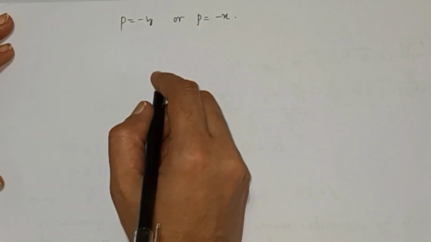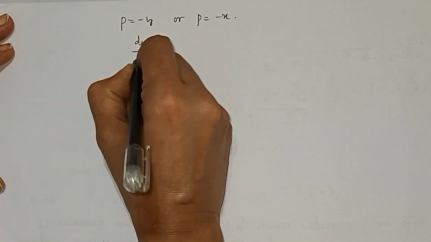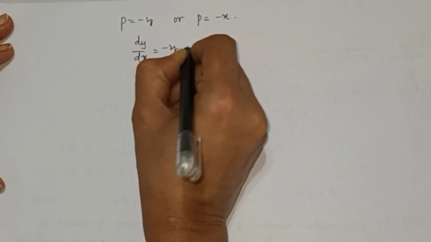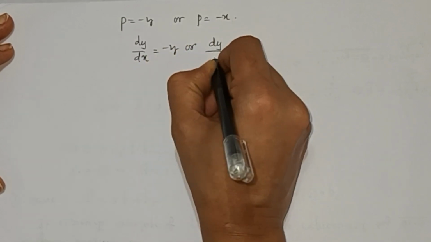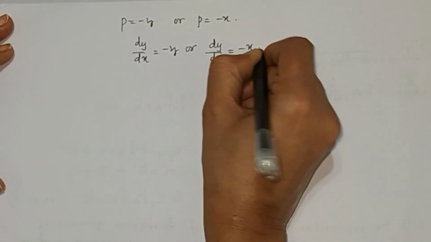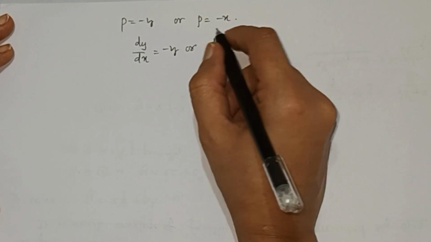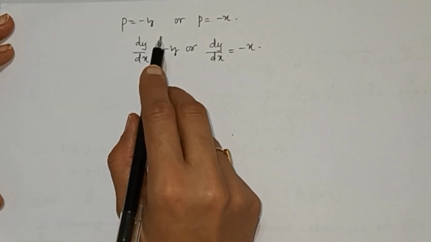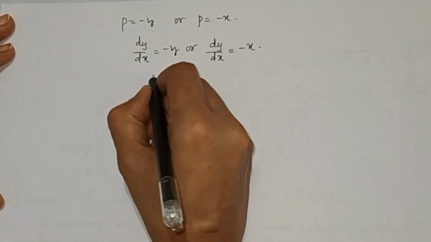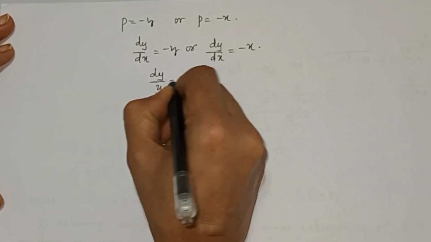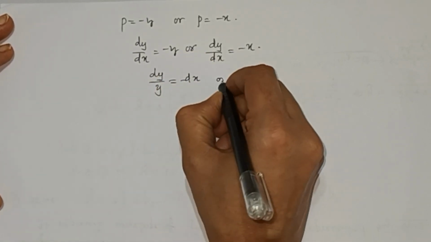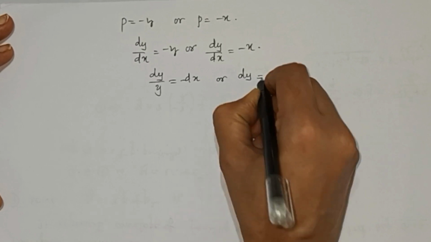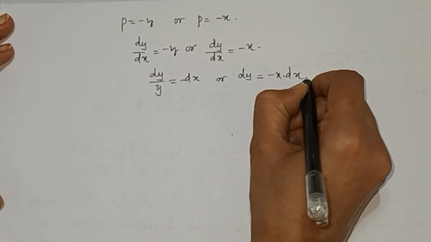Let us simplify further. P is nothing but dy by dx equal to minus y, or here dy by dx is equal to minus x. This is a first order equation where you can go with the variable separable method. So that is dy by y equal to minus dx, or dy equal to minus x into dx.